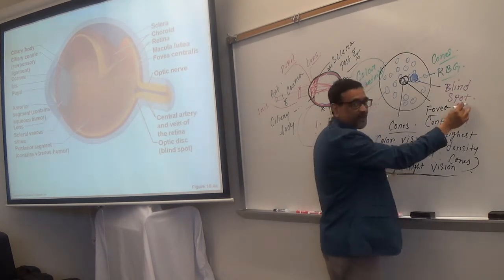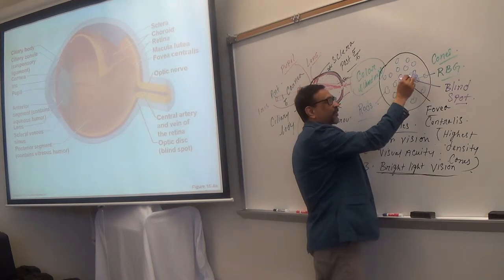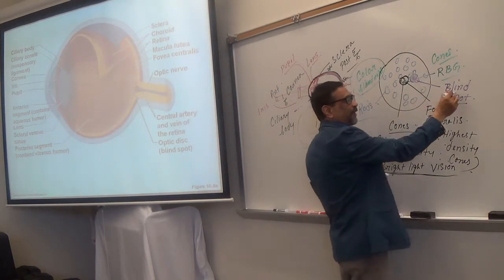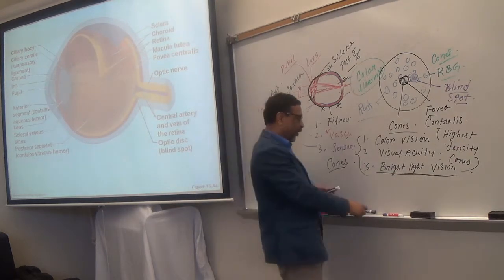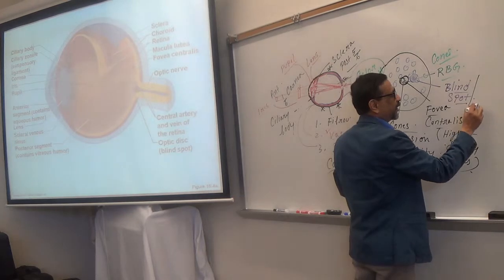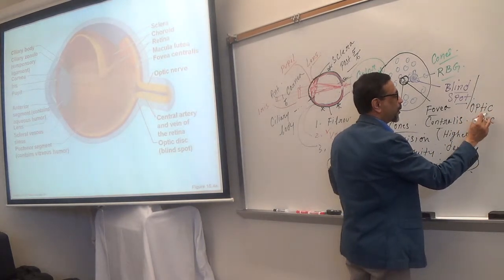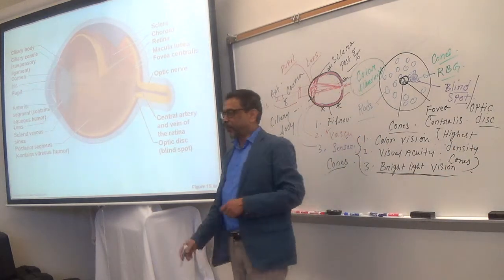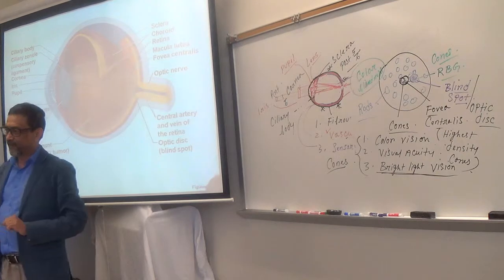Why is it called the blind spot? Because there are no rods, no cones, no photoreceptors. That's why this area is called the blind spot. Another name for it is the optic disc. Blind spot or optic disc. Is it clear? Make sense? Okay.